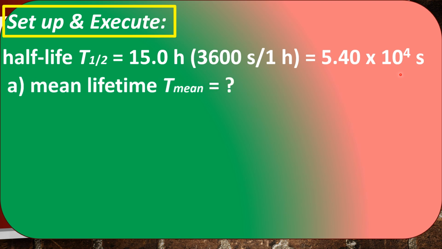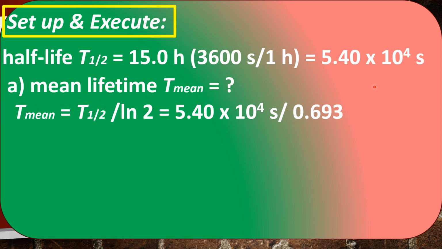So for the first target variable, the mean lifetime of sodium-24 is just equal to the half-life divided by the natural log of the number 2, or that is 5.40 raised to the 4th power seconds divided by 0.693.